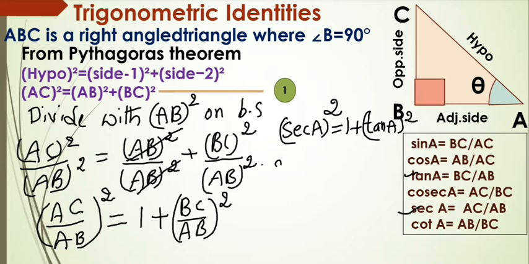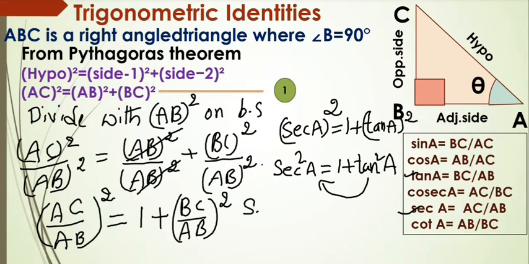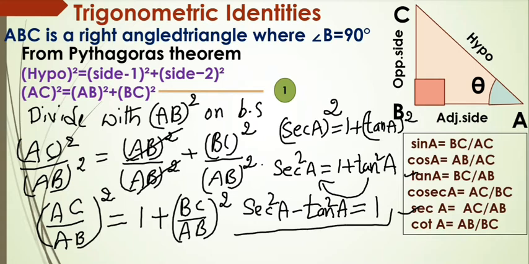That means secant square A is equal to 1 plus tan square A. Or otherwise, if we move this tan square A to the left side, then we get the identity secant square A minus tan square A is equal to 1. This is another identity. Okay. So secant square A minus tan square A is equal to 1. Like this, we derived the second identity.